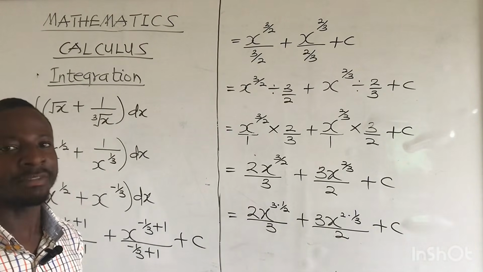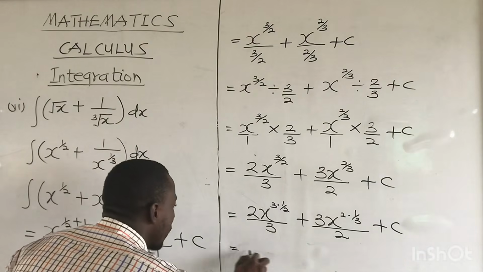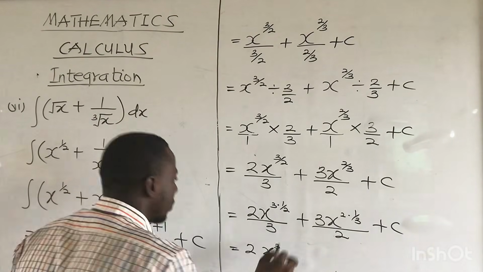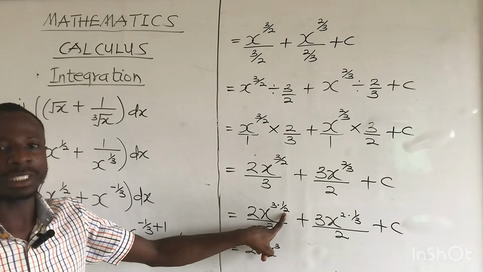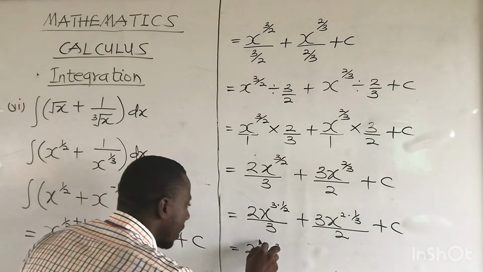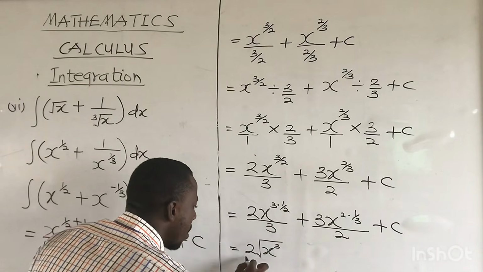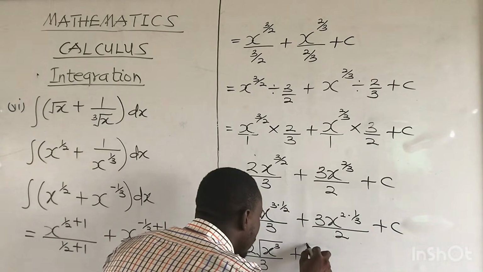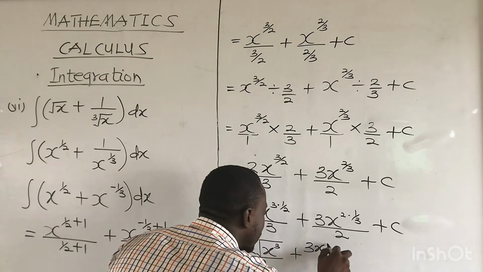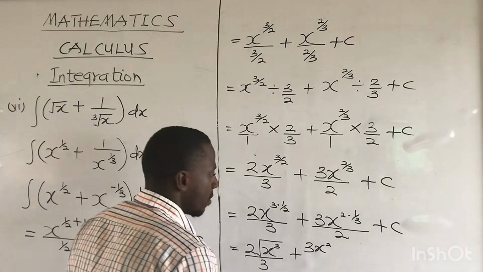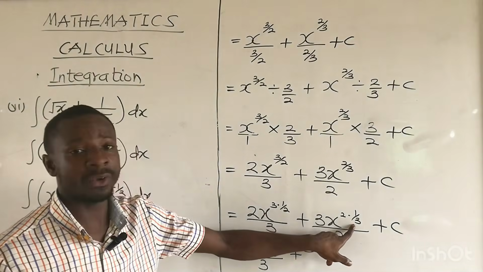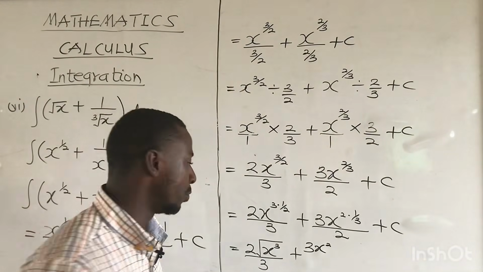So now let's look at the final answer. So we are going to get 2x cubed, then because it is multiplying power 1 over 2, it's going to be the root, all over 3, plus 3x squared, because it is multiplying power 1 over 3, it is going to be the cubic root.